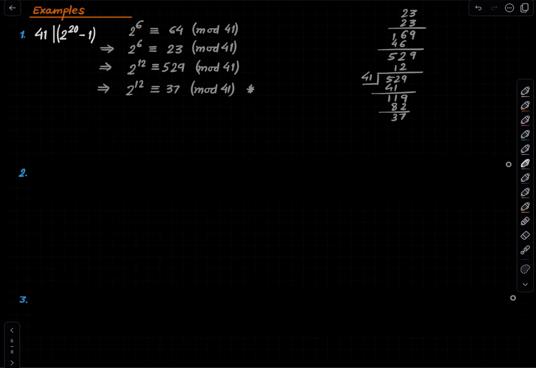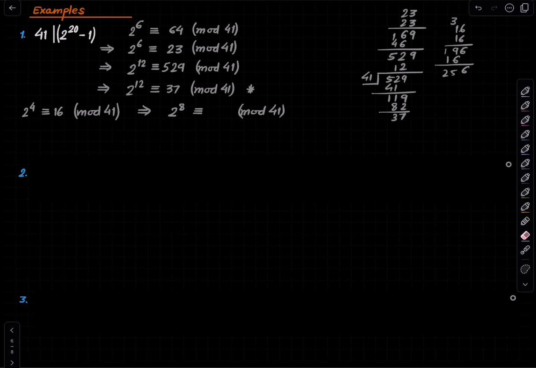And now another set of equations. So 2 to the power 4 is 16, which by squaring both sides gives us 2 to the power 8 is 16 square modulo 41. What is 16 square? 256.